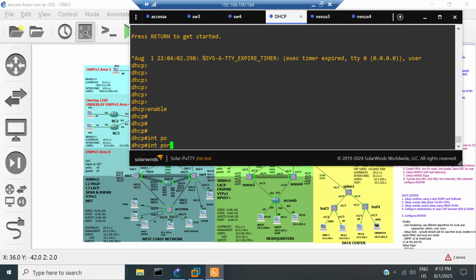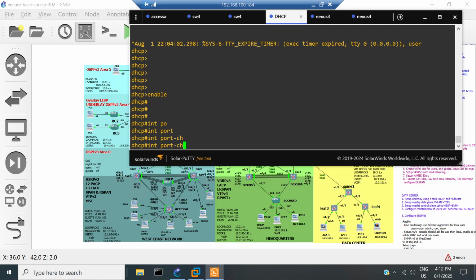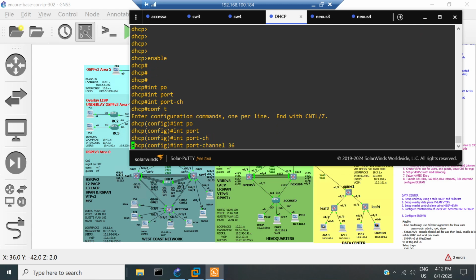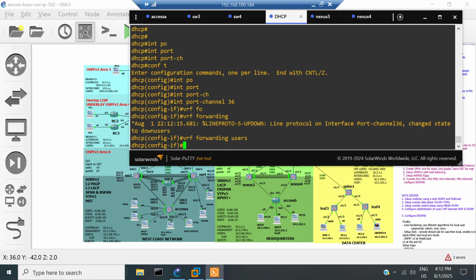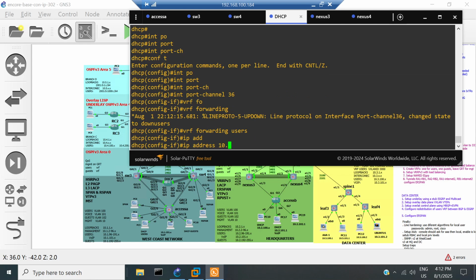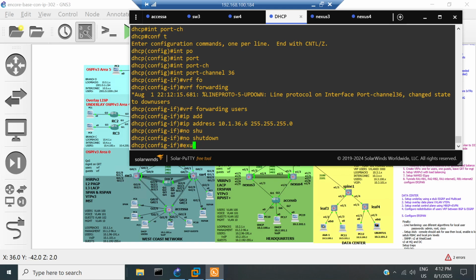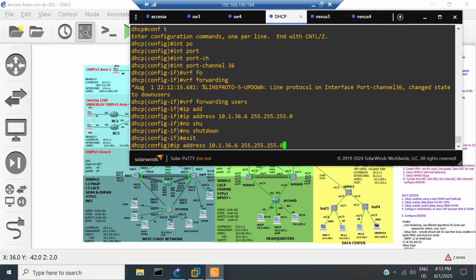Interface port channel 36, VRF forwarding users. IP address 10.1.36.6, no shut. I am going to create the port channels first.